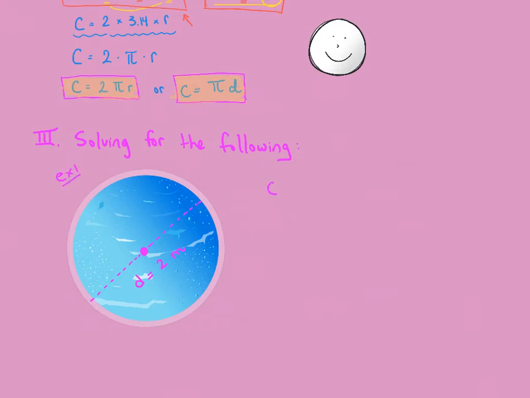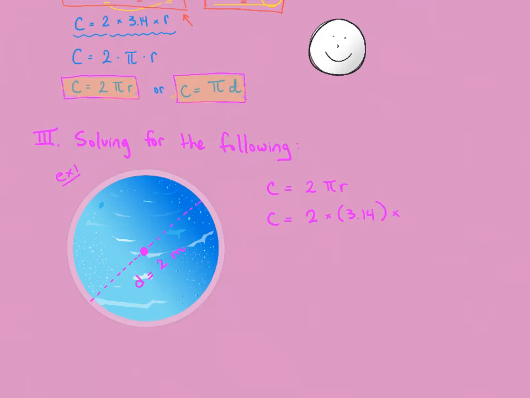So we're going to say c is equal to 2 times pi times r. So we're using one of the most efficient versions of the formula right from the get-go. So c is equal to 2 times pi, which is 3.14 approximately, times r. So what's r here?